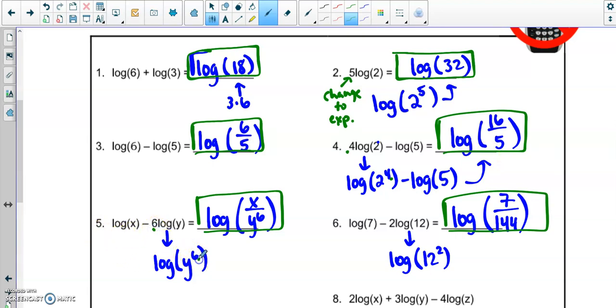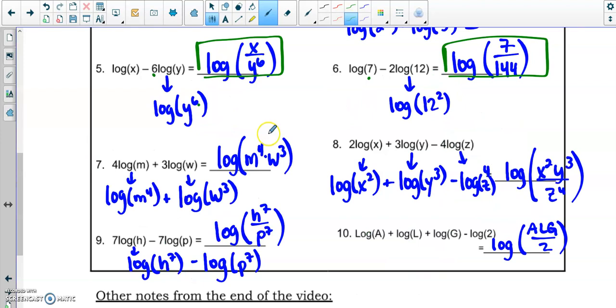This 6 becomes an exponent since it's the quotient of y. And then we get x divided by y to the 6th. And then lastly, this example over here is basically the same problem as number 5, only it's all numbers. So we take the 2 and make it a power, so 12 squared is 144. And so we have 7 divided by 144 inside the parentheses.